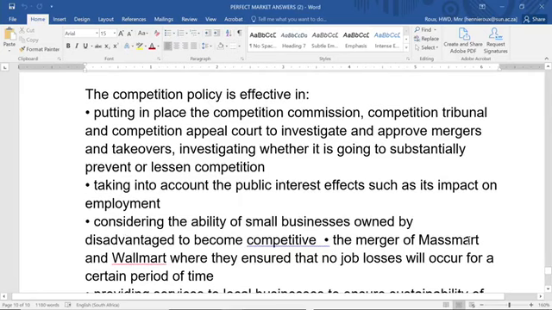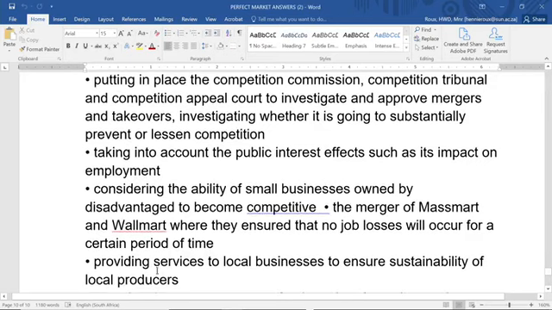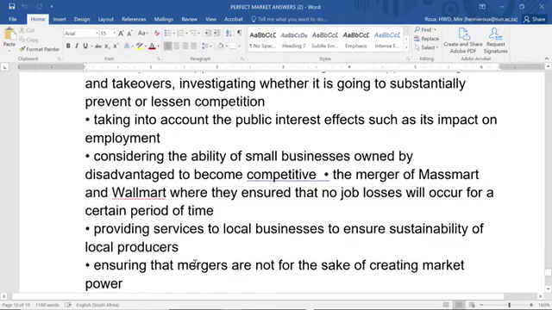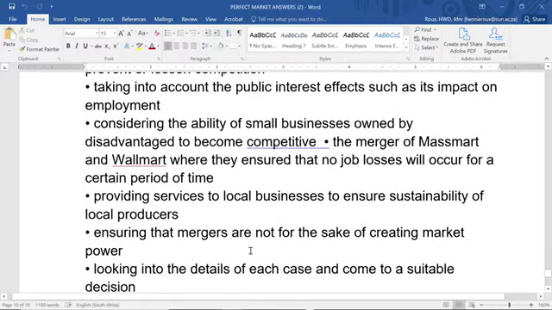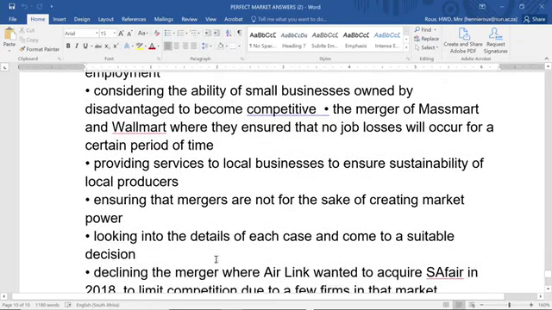In the example there, the merger of Massmart and Walmart, they ensured that no job losses will occur for a certain period of time, and provided services to local businesses to ensure sustainability of local producers. So they are looking after ensuring that mergers are not for the sake of creating market power, and looking into the details of each case and coming to a suitable decision.